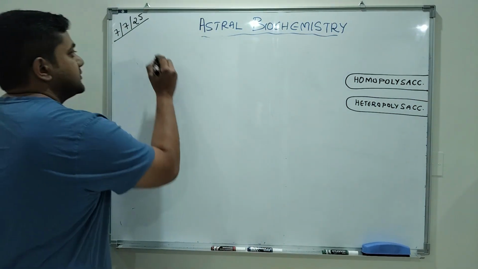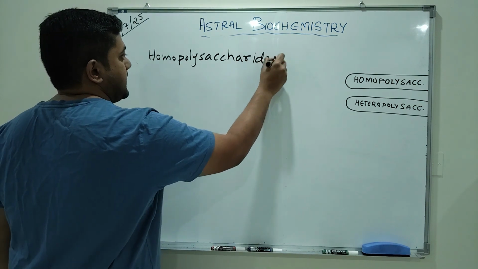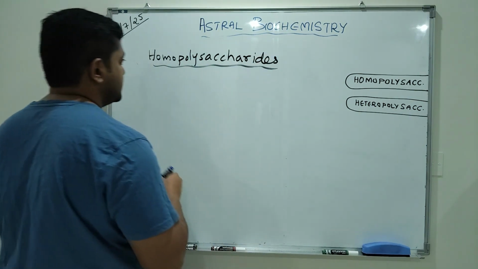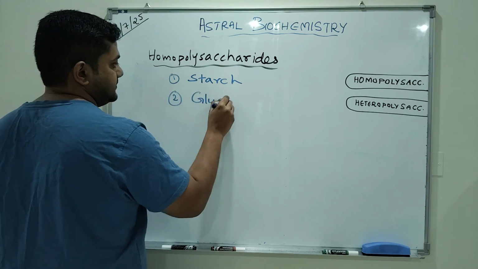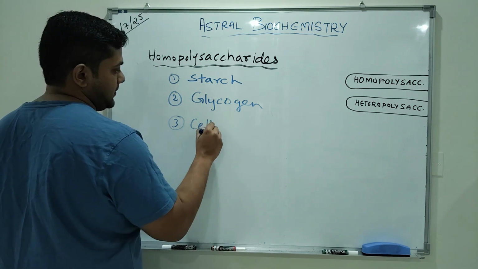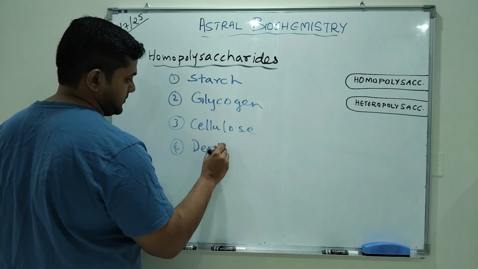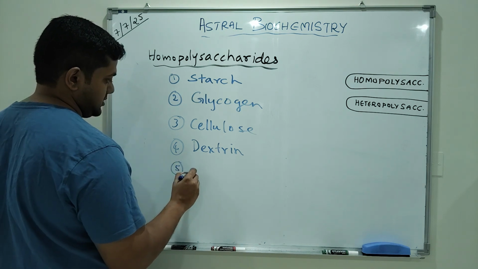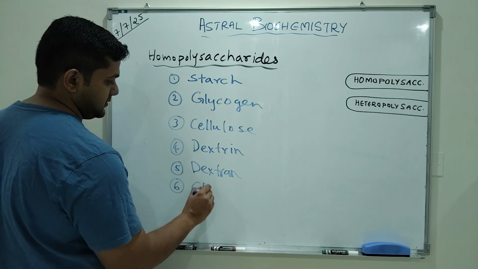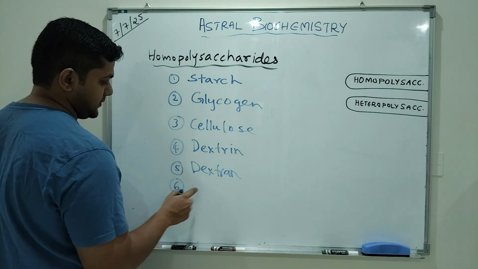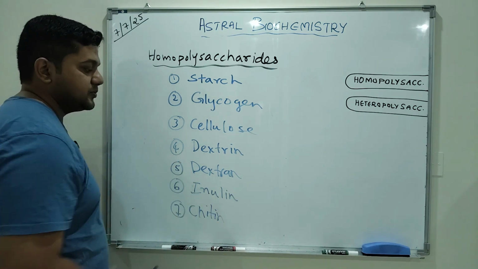Starting with homopolysaccharides, the main ones that we are going to see are seven: starch, glycogen, cellulose, dextrin, dextran, inulin, and then chitin. So these are the homopolysaccharides.